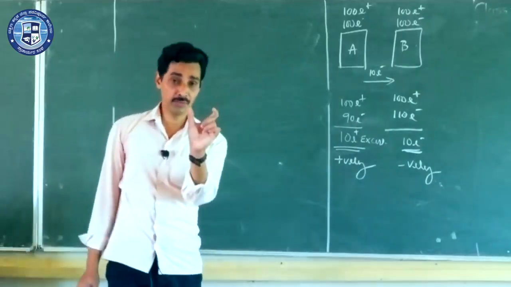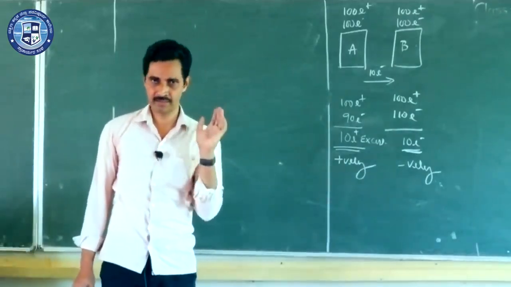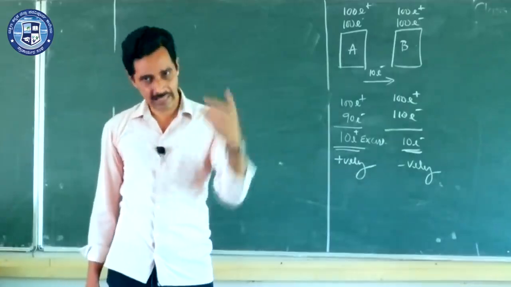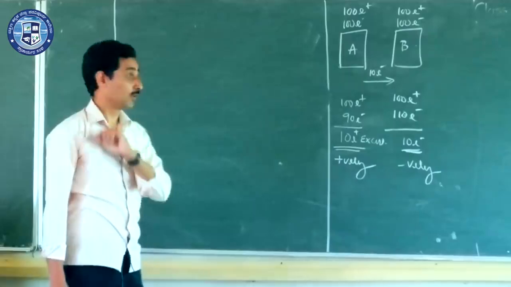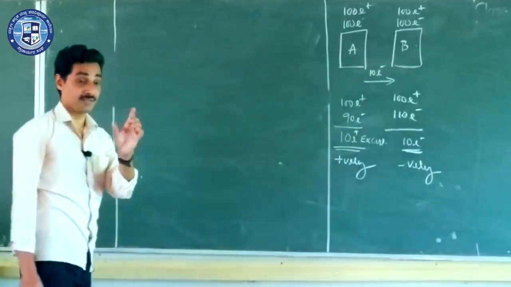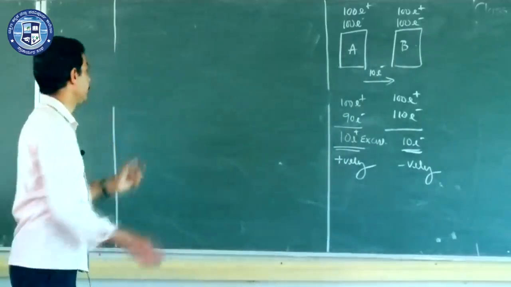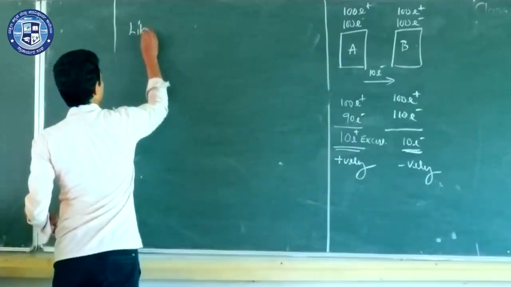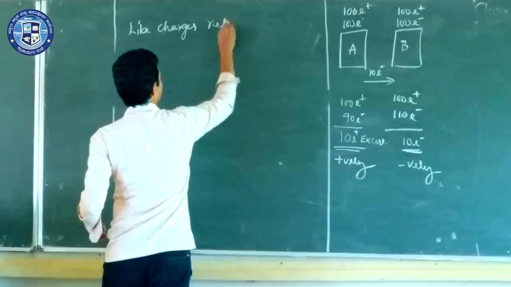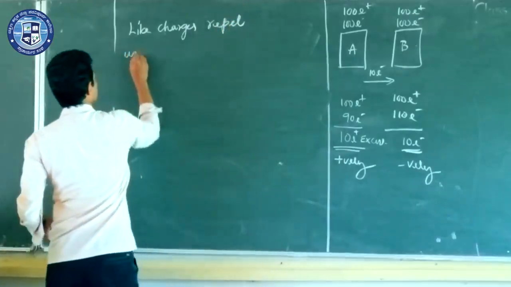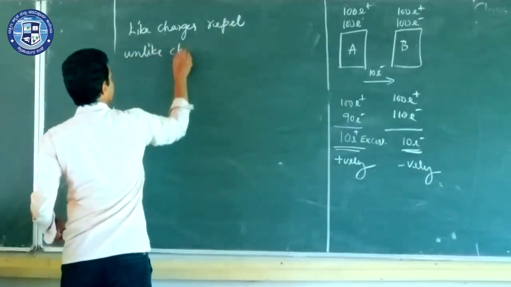So I will call positive-positive and negative-negative like charges, and positive-negative unlike charges. Like charges, plus-plus or minus-minus, repel. So I can write the first property: like charges repel and unlike charges attract.